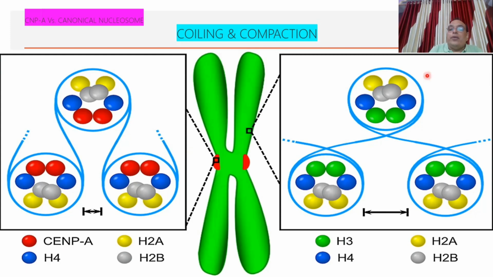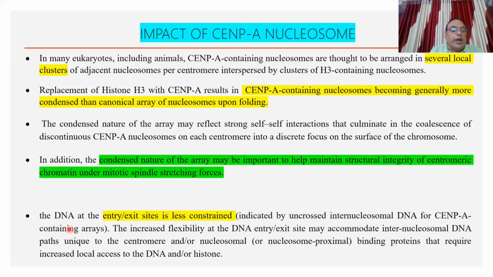So here the entry and exit points have crossed each other. So I think it is more than clear that the DNA at the entry and exit site is less constrained. Less constrained in which case? In the case of centromeric nucleosomes, indicated by uncrossed nucleosomal DNA for CENP-A containing arrays. The increased flexibility at the DNA entry-exit site may accommodate internucleosomal DNA paths unique to the centromere and/or nucleosomal binding proteins that require increased local access.